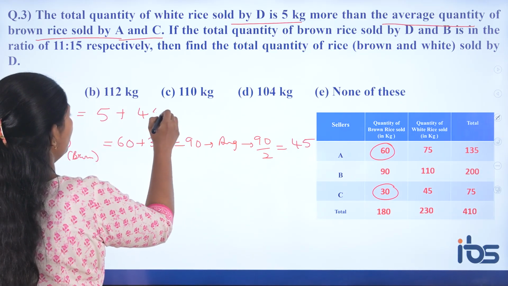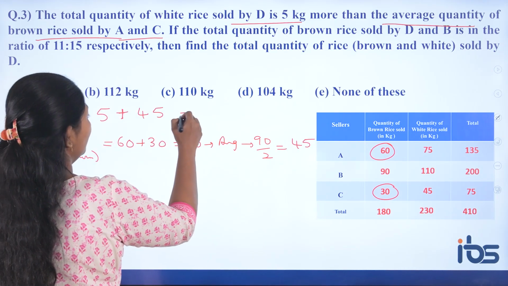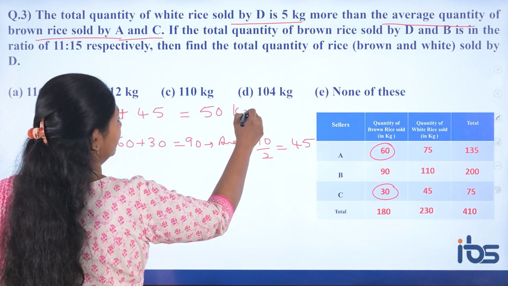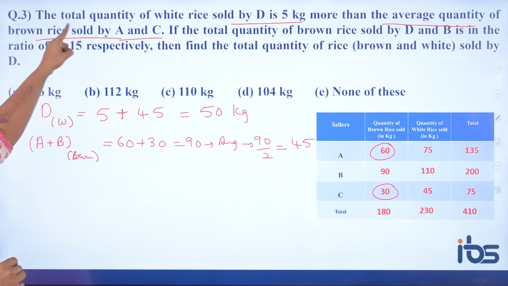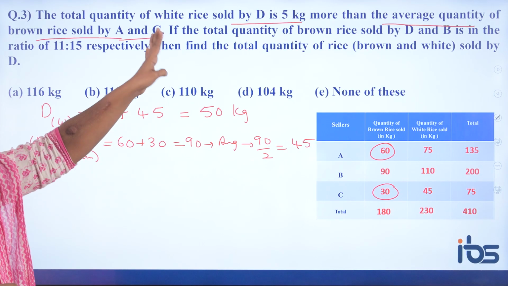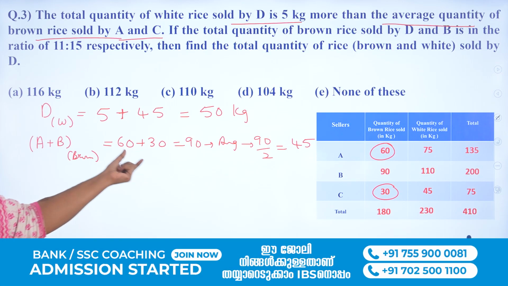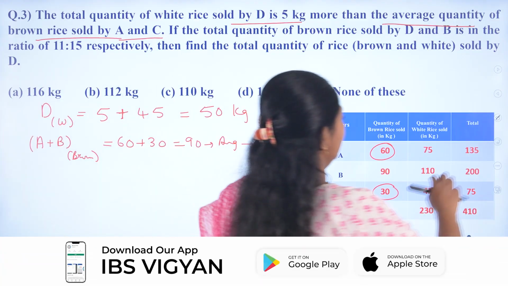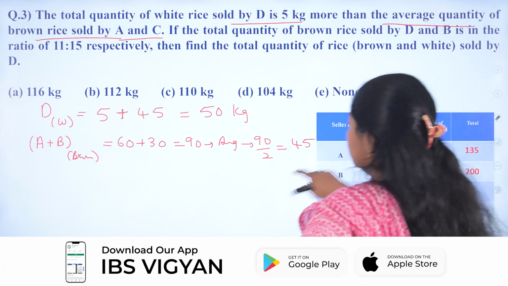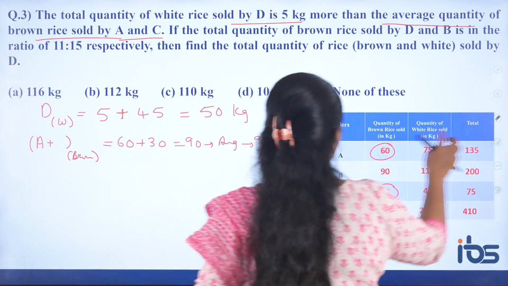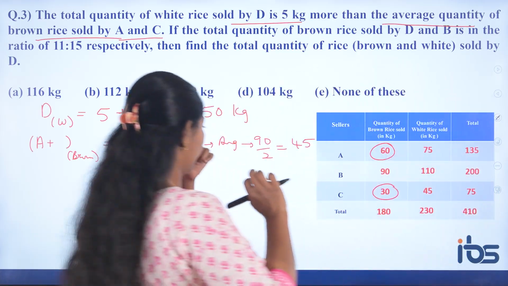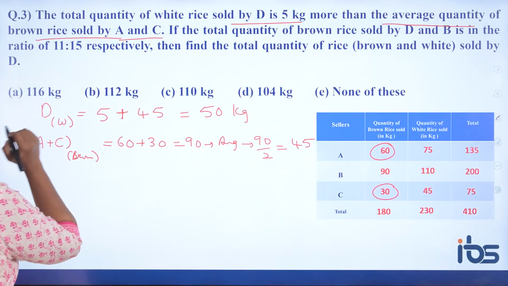So 45 plus 5, that is 50 kg here. So the total quantity of white rice sold by D is 5 kg more than the average of brown rice by A and C. Not A and B, A and C. I have written B there, so A and C.